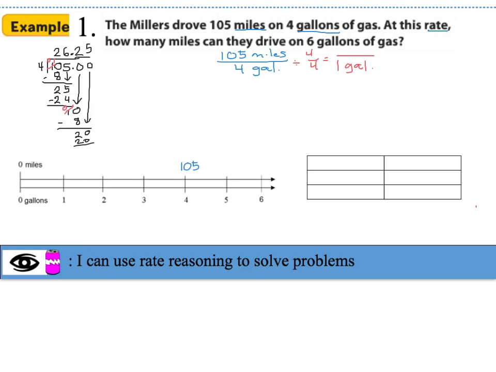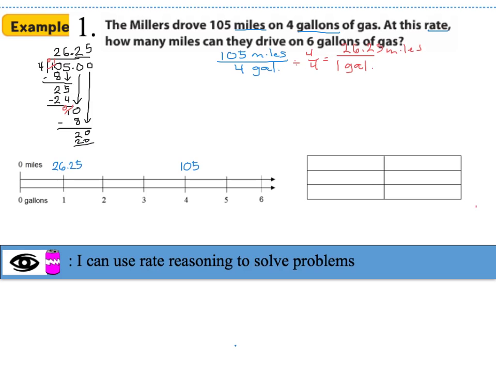So after doing the division, I get 26.25 miles per 1 gallon as the unit rate. So since I have my unit rate, I can place 26.25 miles over the 1 gallon mark and call that the unit rate.